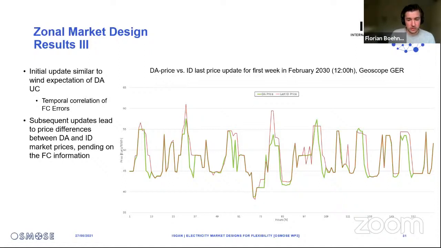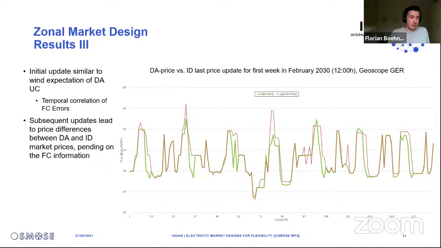And the first takeaway from this chart is that the prices of the short-term intraday market reflect the uncertainty in the energy system due to changes in wind power generation, and are therefore very well necessary. And the other thing regarding the quality of the forecast errors is that we can in part see the temporal correlation.